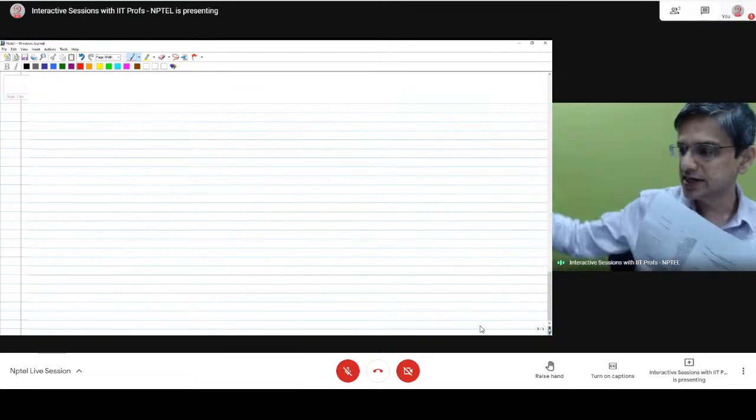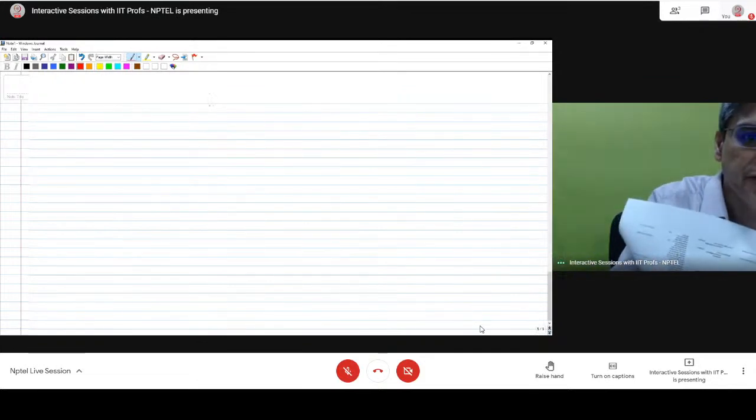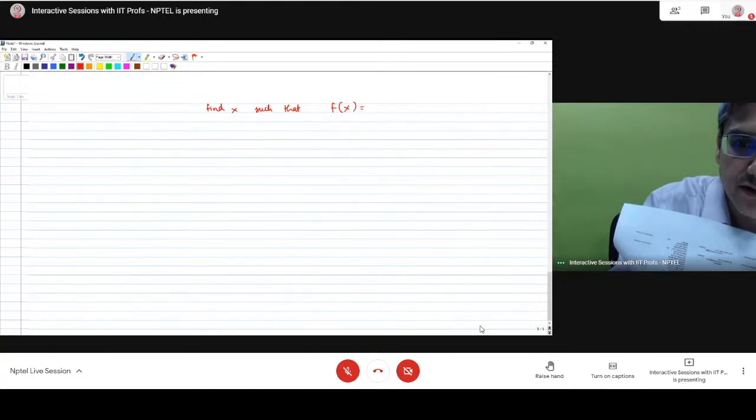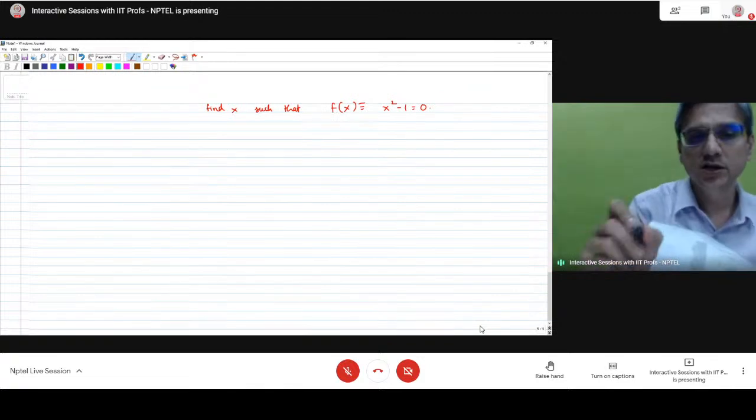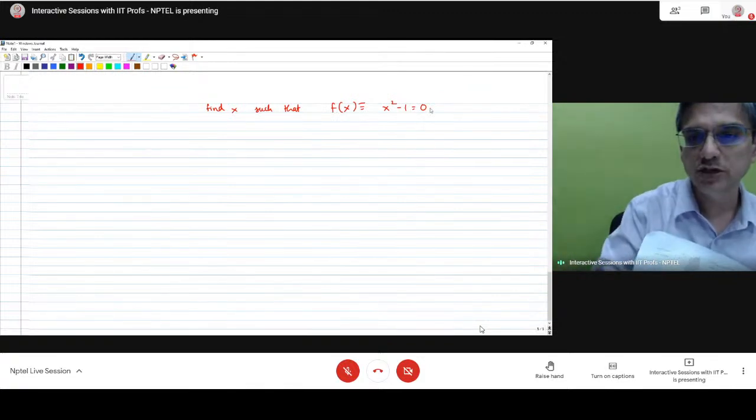Let's say we want to find x such that f of x equal to x square minus 1 equal to 0. How have I shown this in class?